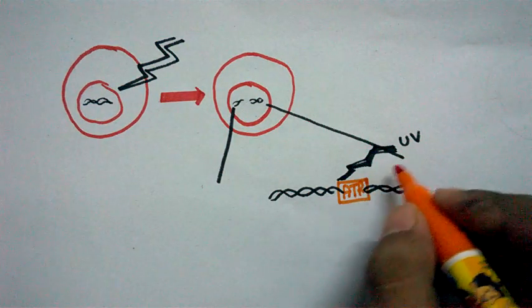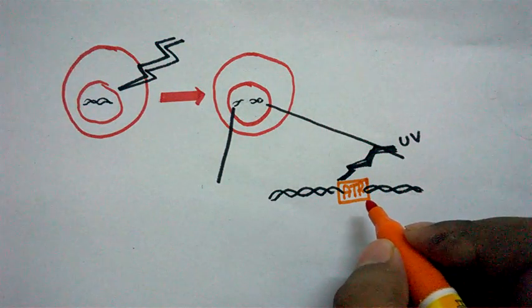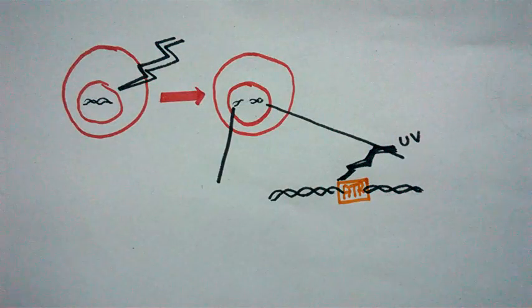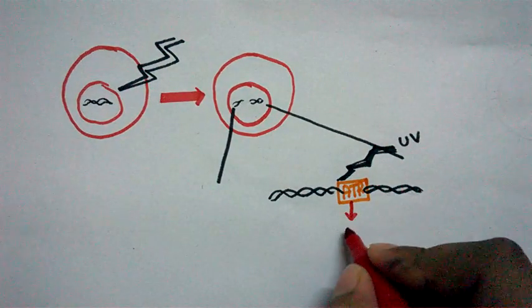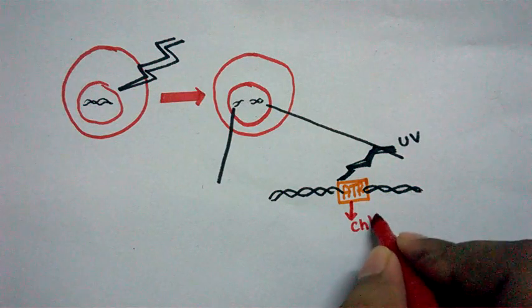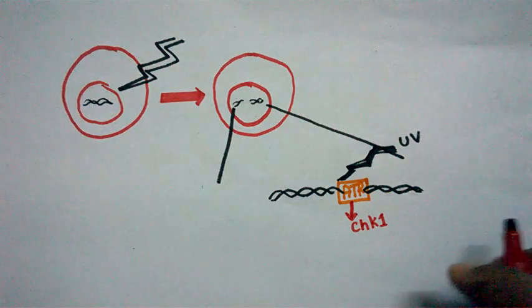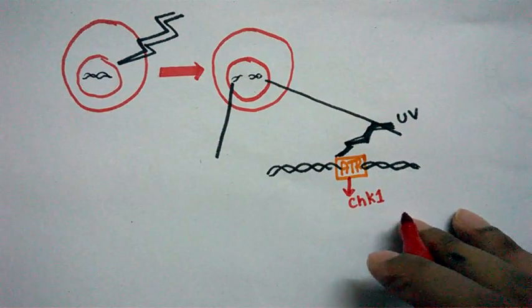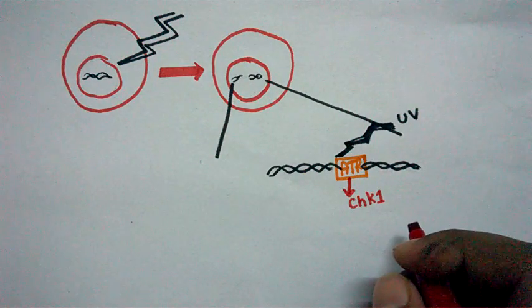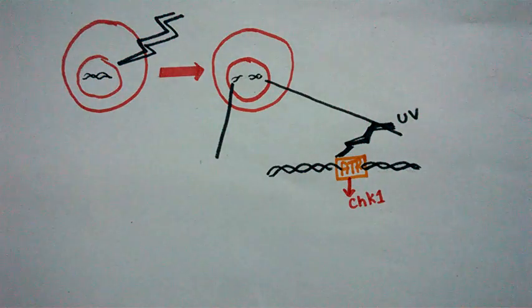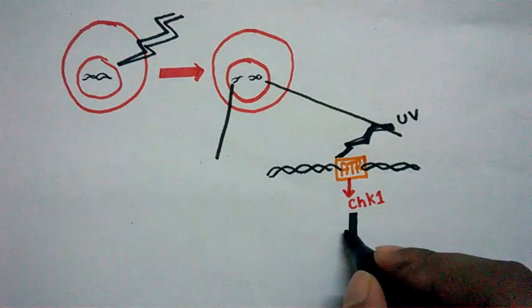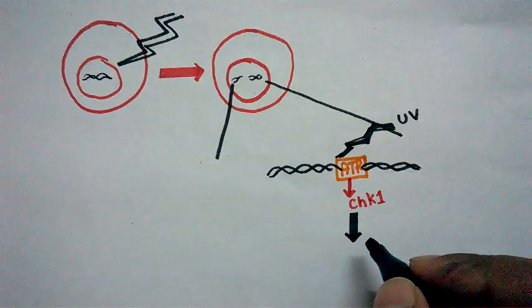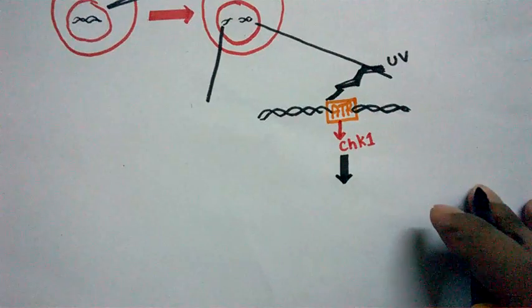It would sense that there is a double strand DNA break, and it would tell its friend, a kinase called Chk1 kinase, and this Chk1 kinase would phosphorylate a downstream protein. Let's see what that protein is.